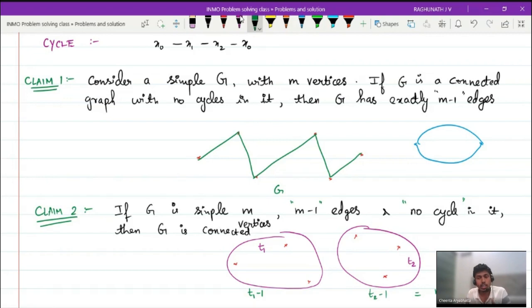And if there are 3 connected components, it will be m minus 3, 4 would be m minus 4 edges in total, contradicting the claim 2 that there are m minus 1 edges. So there should be only one connected component in total, which means the graph G is connected. Is that fine? Yeah, that looks good.